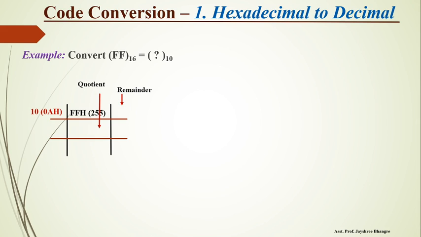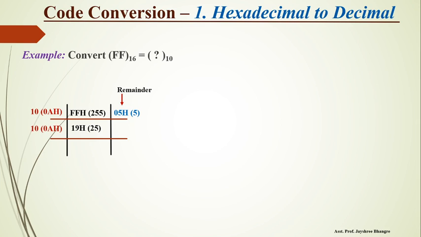So after the first division we get the quotient 19H, that is nothing but 25 in decimal, and the remainder is 05H, that is 5 in decimal. According to the rule, as the quotient is not 0, we have to divide this quotient with 10 again.